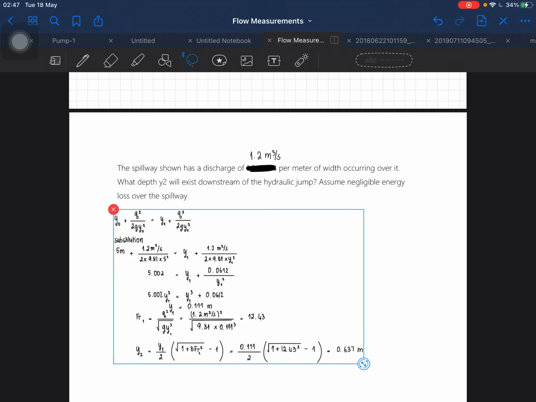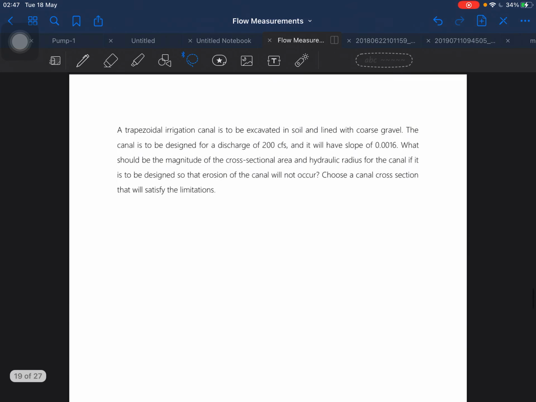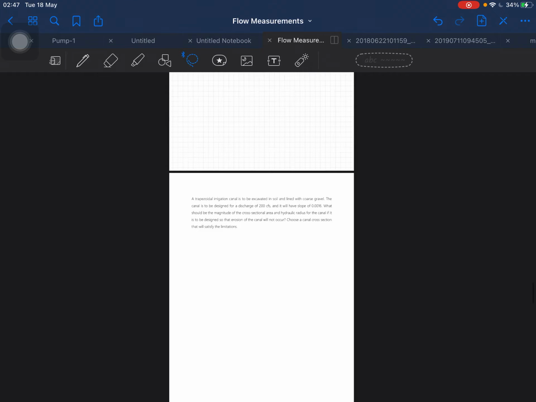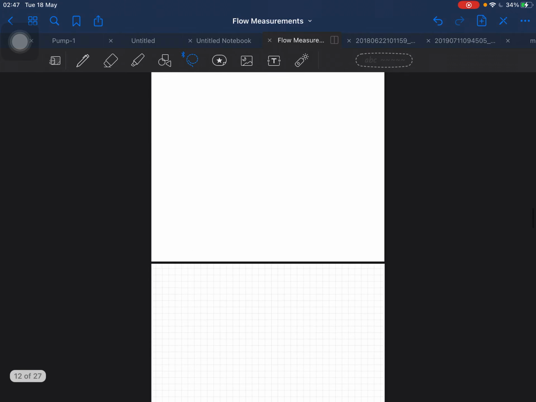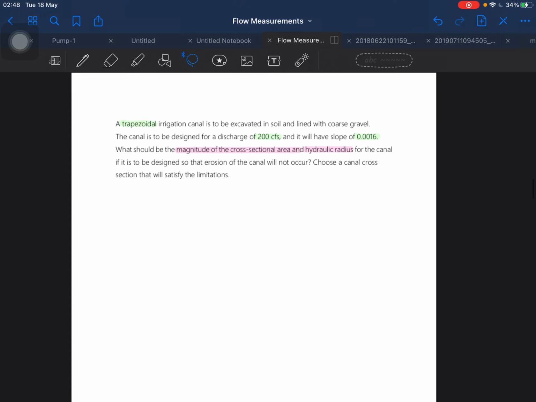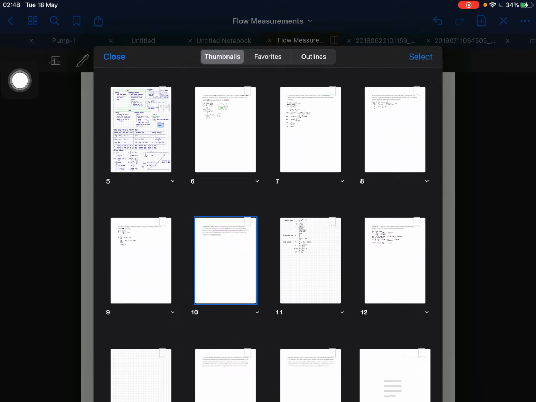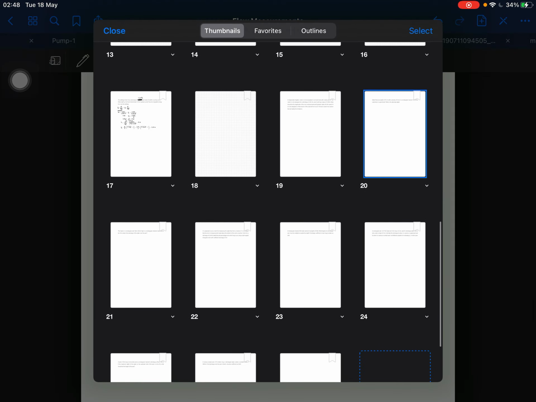Okay, so now we have finished this one as well. Let me see how many else do we have. I think this one is already done. Yep, we have done this one already. So we can move on to the next. We can skip 19 and then go to 20.